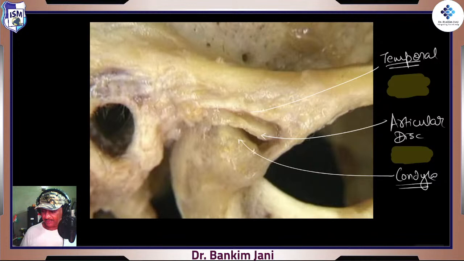That is what we were interested in. This is the upper one, that's the upper cavity, and this is the lower cavity. So this is how that articular disc will be playing its role. This is a dense fibrous tissue, and that's how it will be giving resistance.